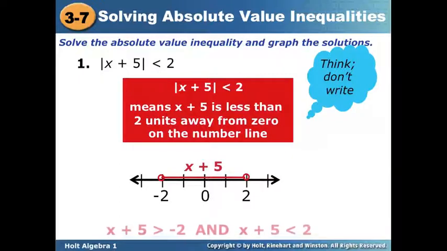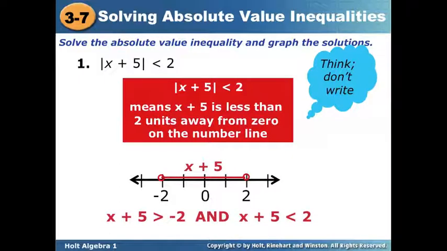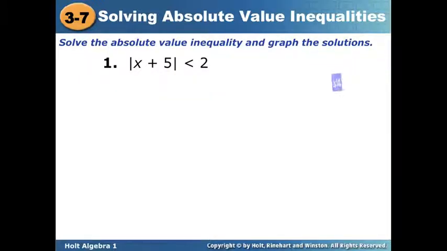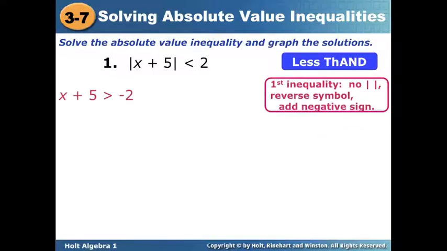So this means we're going to set up and write x plus 5 is greater than -2 and x plus 5 is less than 2. If it's less than 2 units away from 0, it's got to be greater than -2 and less than +2. The less than symbol tells us our set notation and graph when we get there.